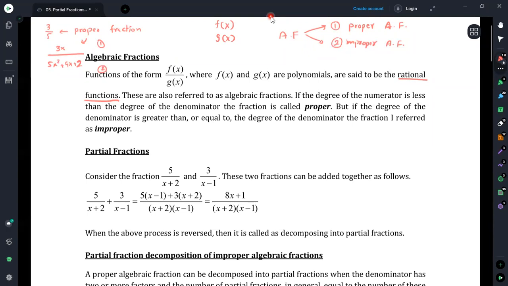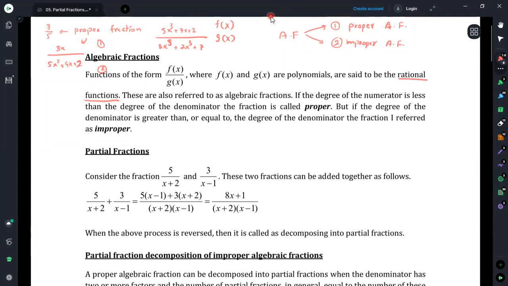Another example: 5x cubed plus 7x plus 2 over 3x to the power 5 plus 2x cubed plus 7. Here the degree of the numerator is 3, the highest power we can see, and the degree of the denominator is 5. Therefore, the degree of the numerator is less than the degree of the denominator, so this is a proper algebraic fraction.